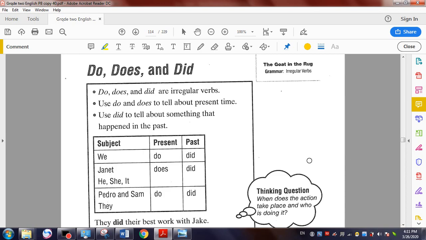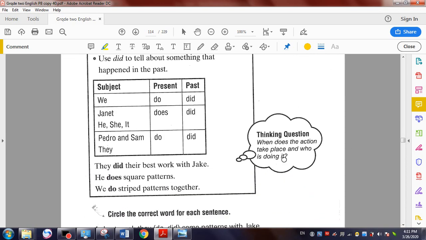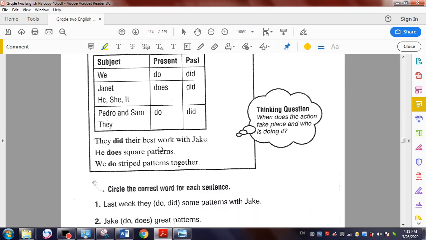Alright? Now let's read those examples together. They did their best work with Jake. They did. Did here tells about the past.